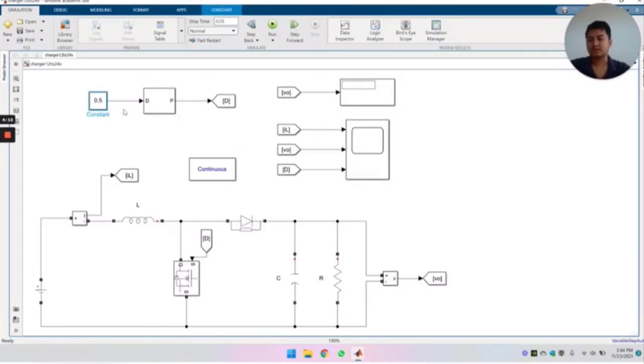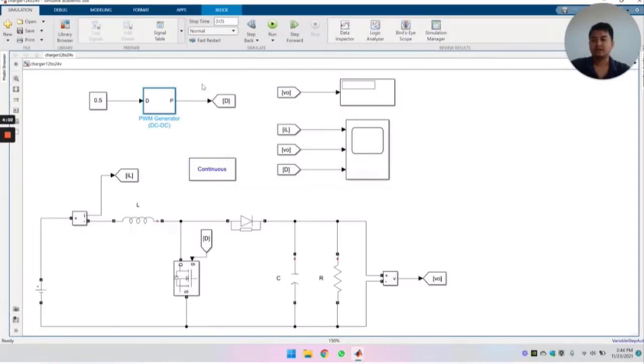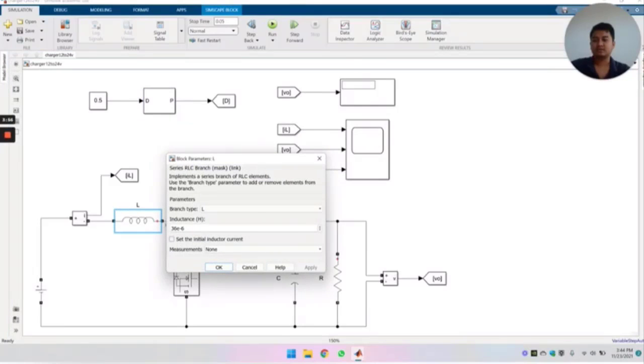For the constant, we use 0.5 for the duty cycle, and for the PWM we set the switching frequency to 20k. For L, the inductance value is 36 micro.